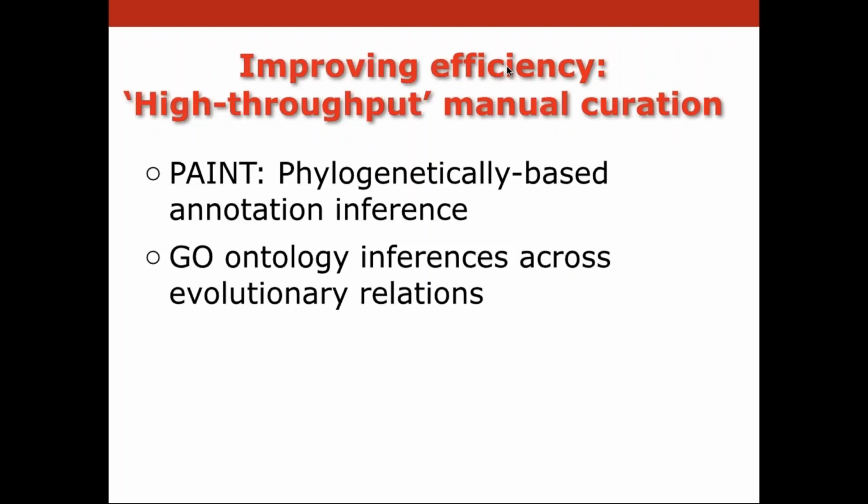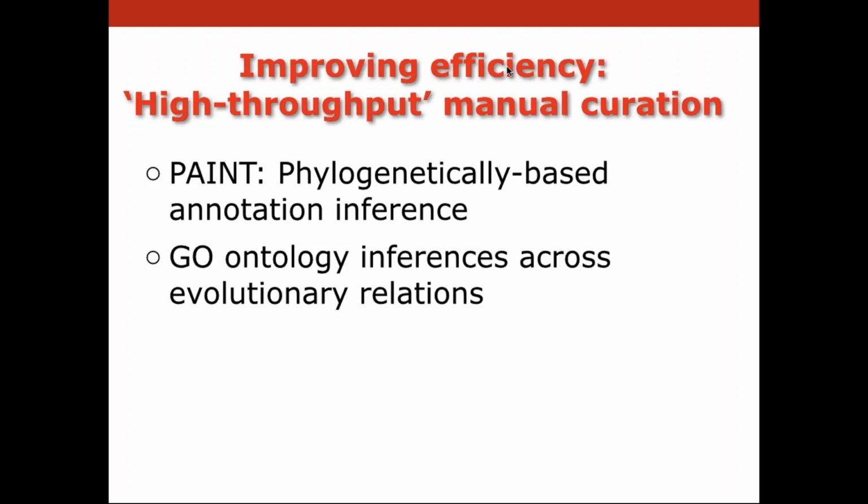So one comment that we often get about manual biocuration is that it's long and it doesn't scale easily. Although it's very accurate, we need to develop ways to make manual annotation more efficient.